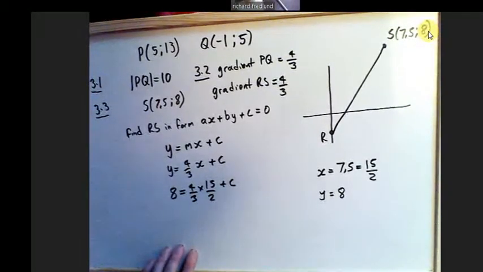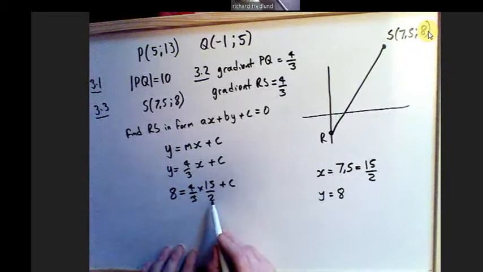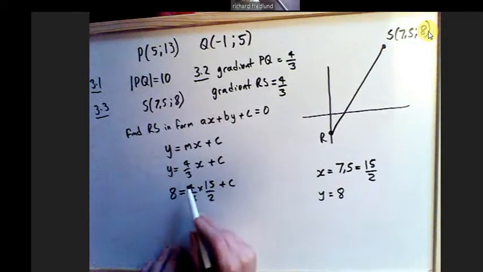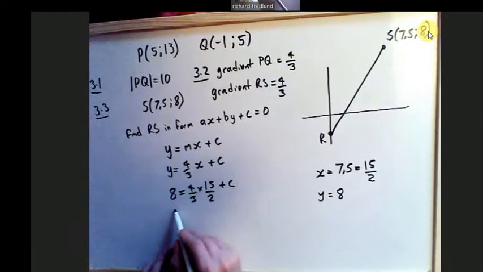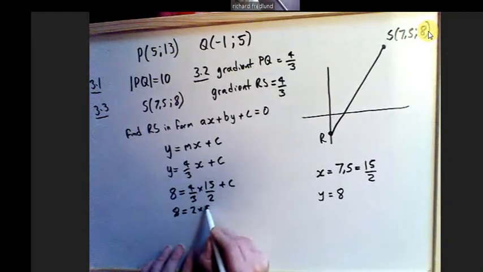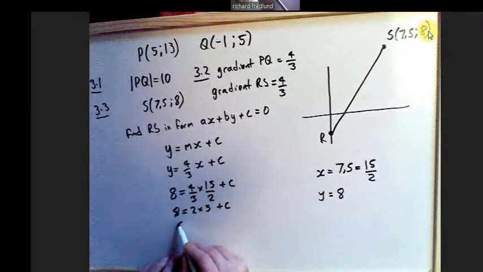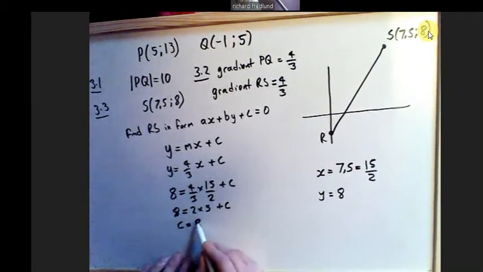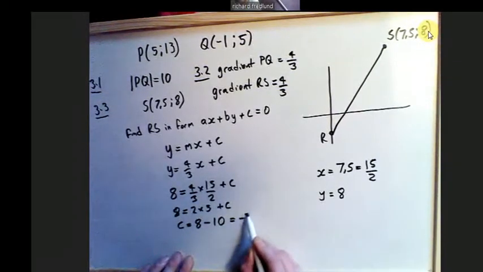And now let's simplify. We can see that there's a 4 on the top here and a 2 on the bottom here, so we can cancel there. And there's a 3, and 15 is 3 times 5. So this is going to simplify to 8 is equal to 2 times 5 plus c. So c is going to be 8 minus 10, which is minus 2.